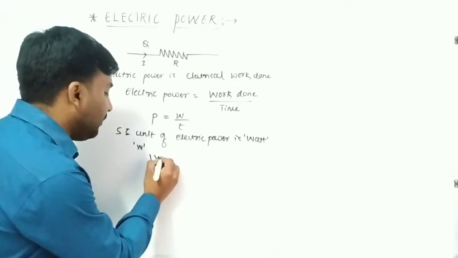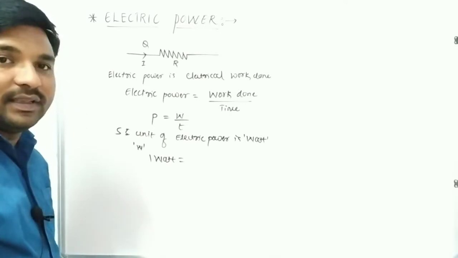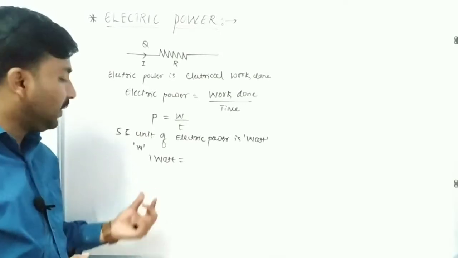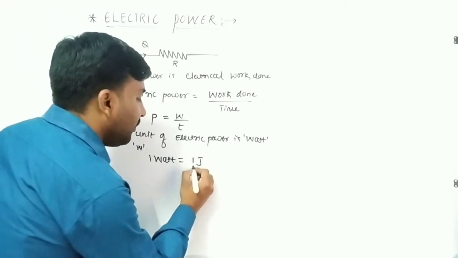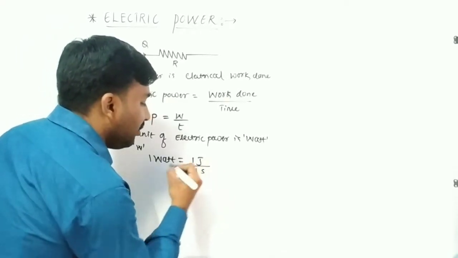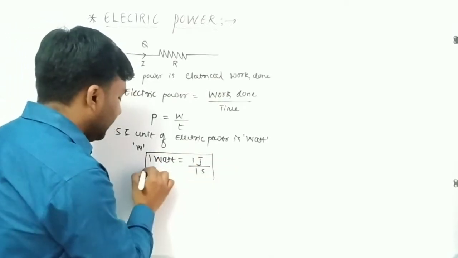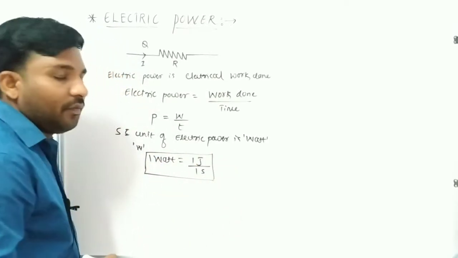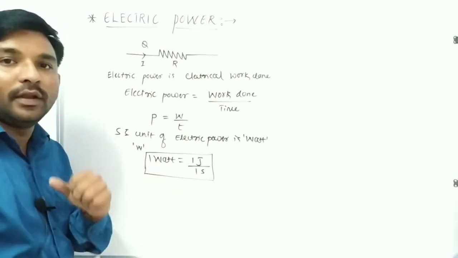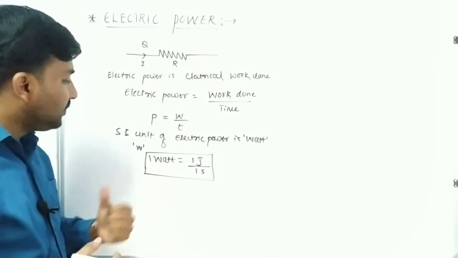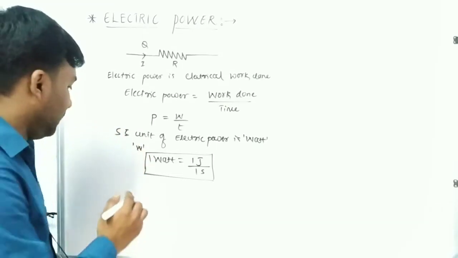Now what about the 1 watt? The electric power is said to be 1 watt when 1 joule of work is done per second. Now this 1 watt is the smaller unit for the electric power.